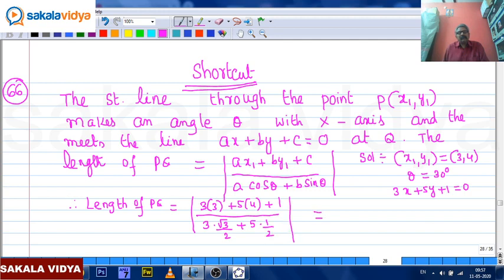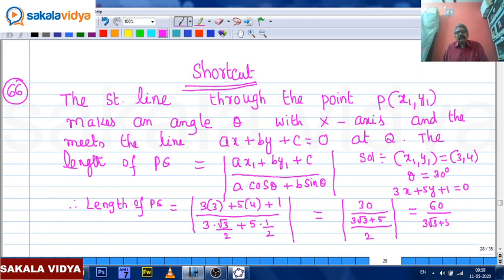So now we need to simplify. This is 9 plus 20, 29, 30 by, here 2 is the LCM, 3 root 3 plus 5. This we can write 60 by 3 root 3 plus 5.